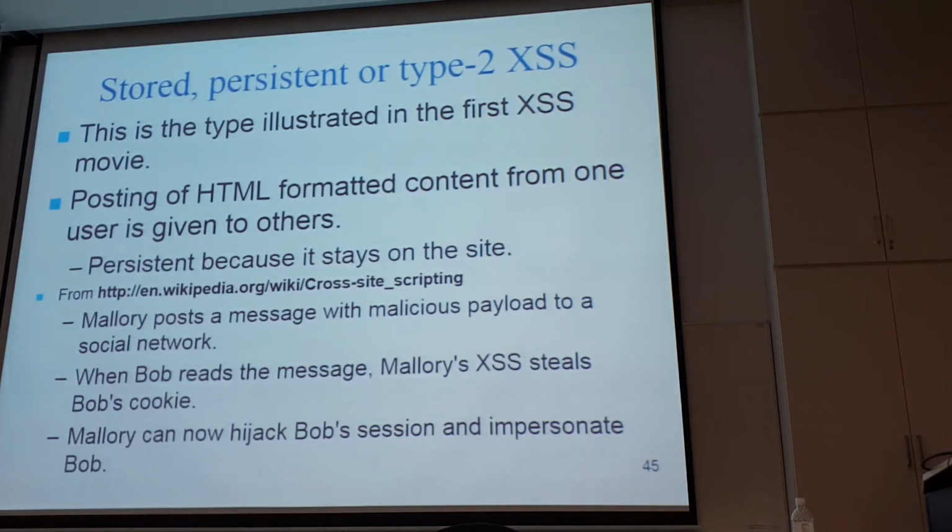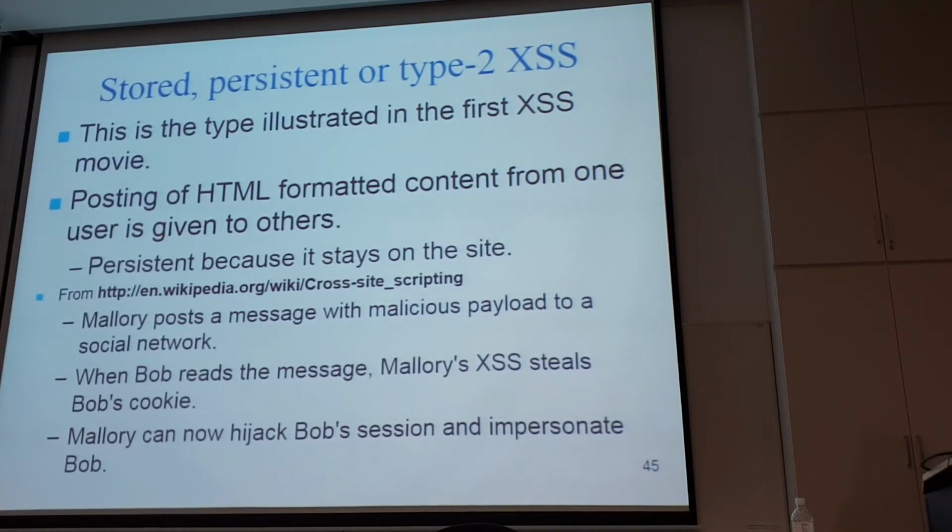So this is basically what I just mentioned. Someone can post a message with malicious content like JavaScript. And then when Bob tries to read that comment or blog on the website, this malicious code will execute. The code can do a lot of damage, for example steal your data, transfer a file, delete a file, and so on.